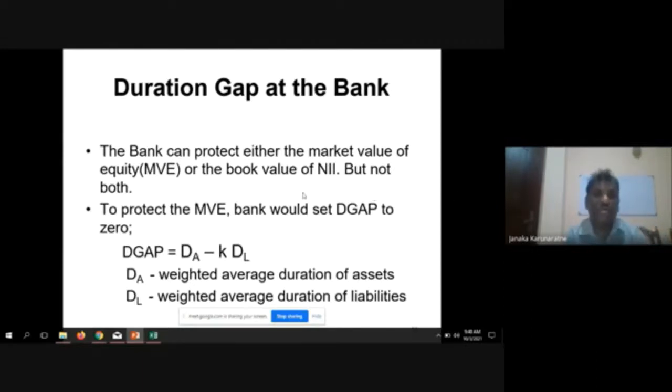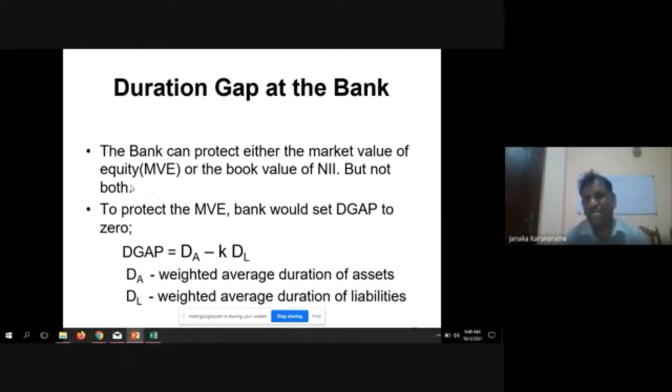Okay, now look at this, something we discussed in the previous class or even the class before. The first point: the bank can protect either the market value of equity or the book value of net interest income, but not both.